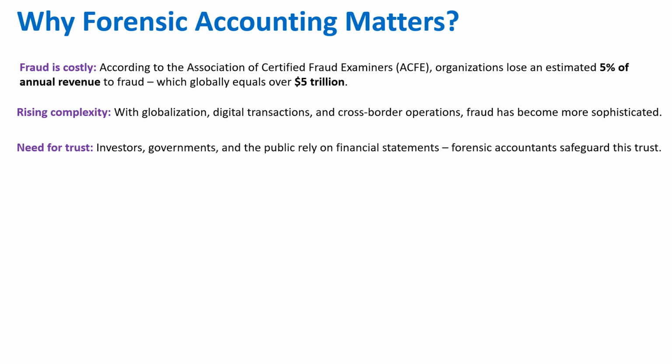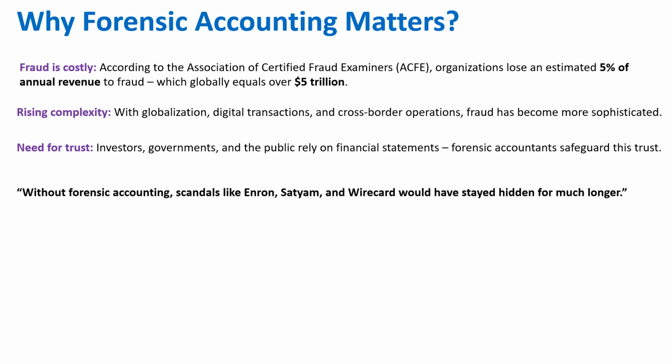Need for trust: investors, government, and the public rely on financial statements, so forensic accountants safeguard this trust. Without forensic accounting, scandals like Enron, Satyam, and Wirecard would have stayed hidden for much longer. So, forensic accounting is becoming a very important activity or role for all companies.